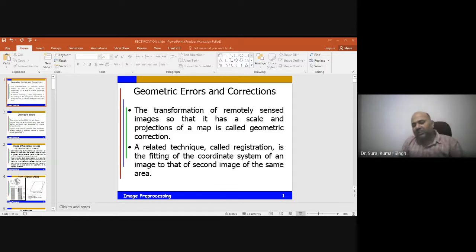This process of resampling results in input line and column positions that are real numbers, not integers. When doing this, there are three methods through which you assign the values: nearest neighborhood, then bilinear interpolation, then cubic convolution.